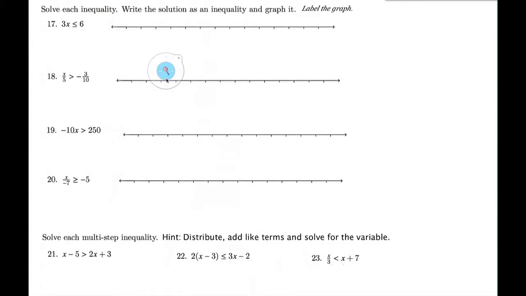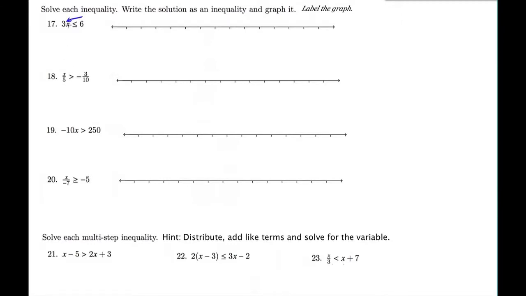17 through 20, we're going to solve the inequality and graph it again, but this time we have to either multiply or divide both sides to solve for x, whereas before we added or subtracted. So how do I get x by itself here? What's 3 doing to x?